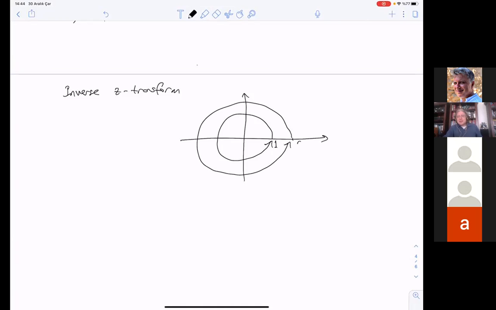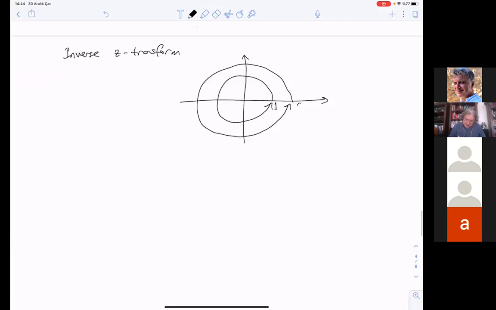But what is the definition of that integral? And the definition I will write, but is it a feasible integral? Will you be able to do that? It's another question. And it comes from here. X of z is equal to capital X of r times e to the j omega. That is the Fourier transform of not x of n, but x of n times r to the minus n, because of this r appearing here.